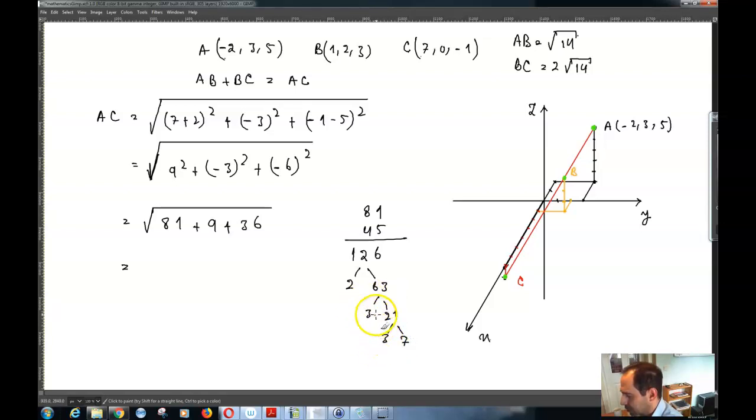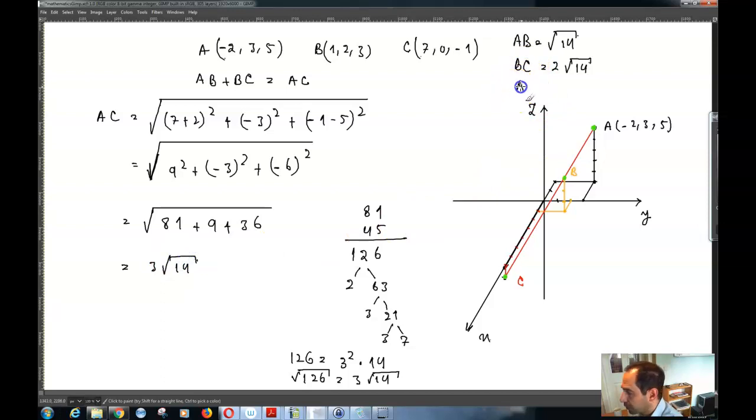So 126 is equal to 3 squared times 14. So the square root of 126 is equal to 3 square root of 14.